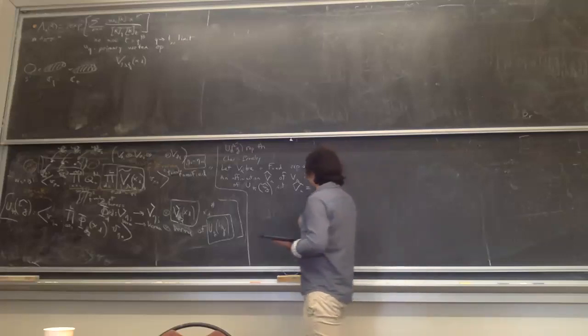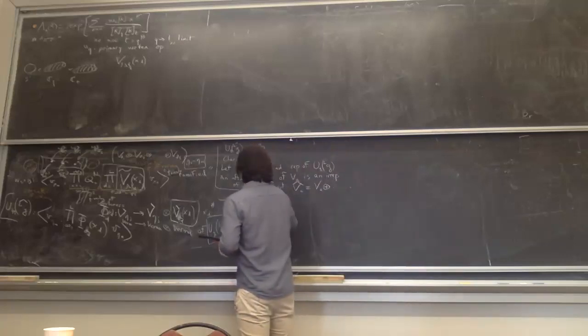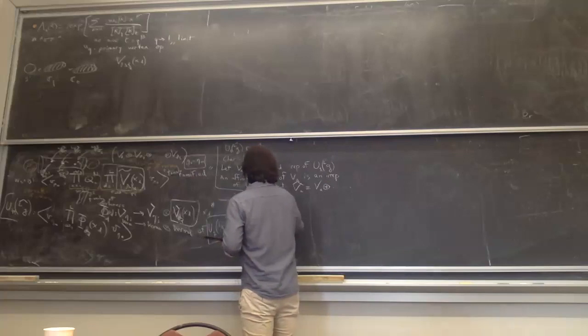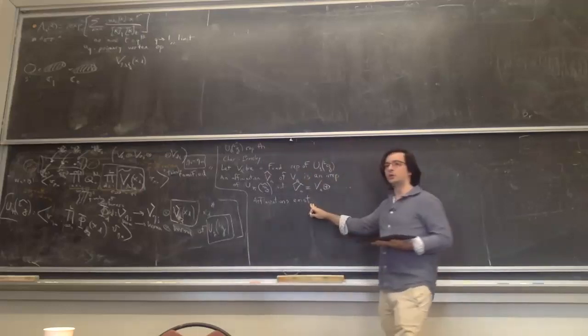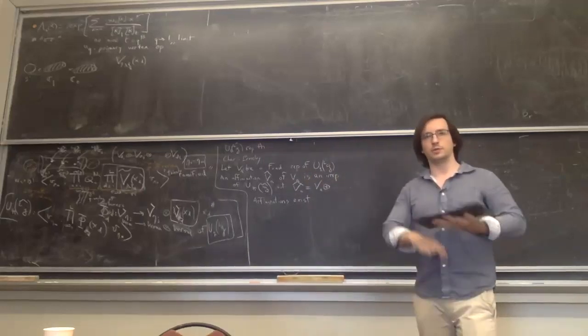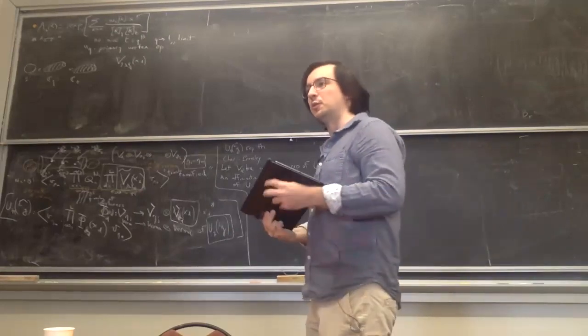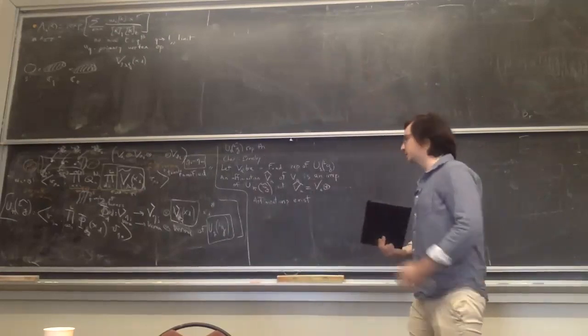It's a theorem that affinizations exist. In general they're not unique, which is part of the nightmare of studying the representation theory of these guys.